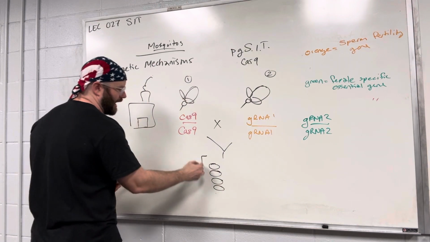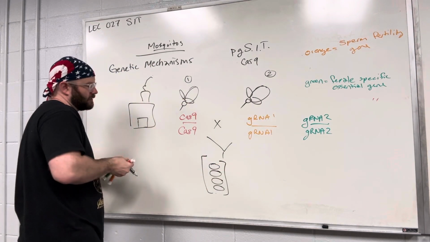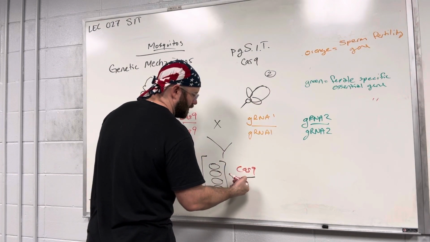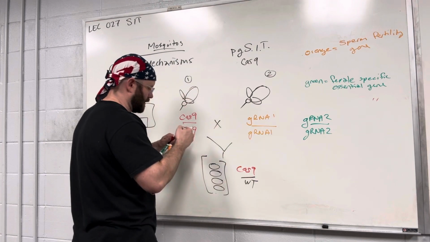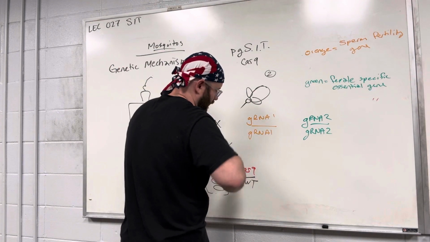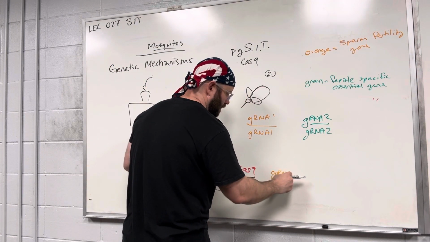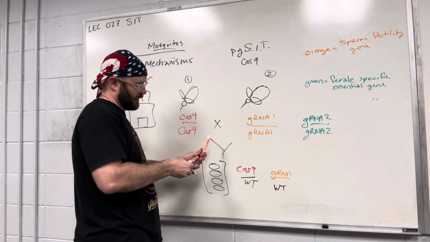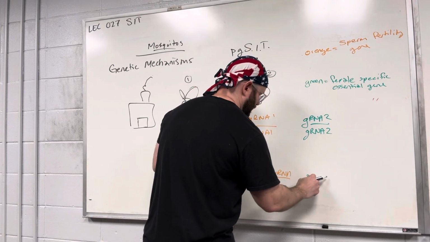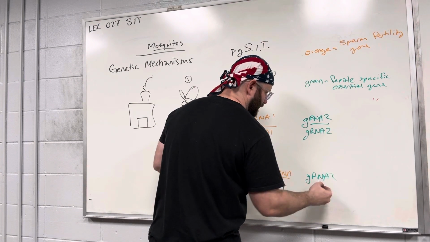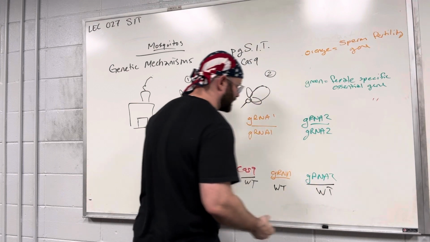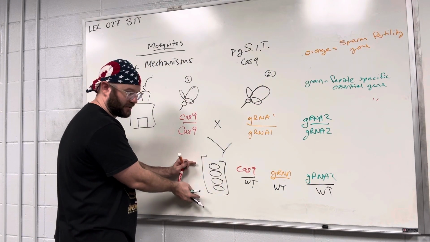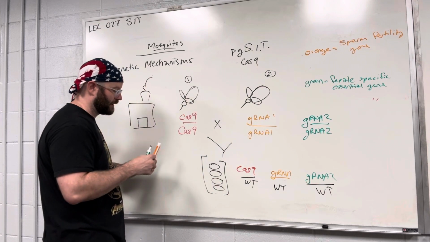So they'll collect a batch of eggs whose genotype is now Cas9 over some wild type, guide RNA orange over some wild type, and guide RNA green over some wild type. So now these eggs are like triple transgenic. They have triple transgenic inserts because of this mating, okay?